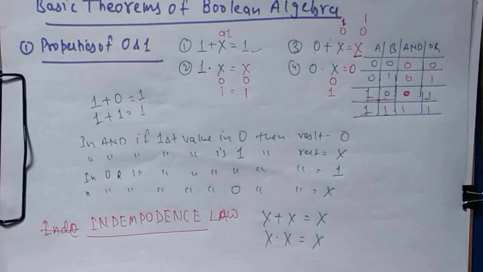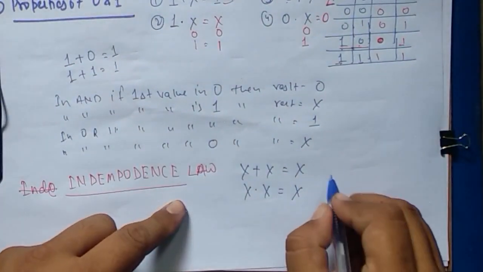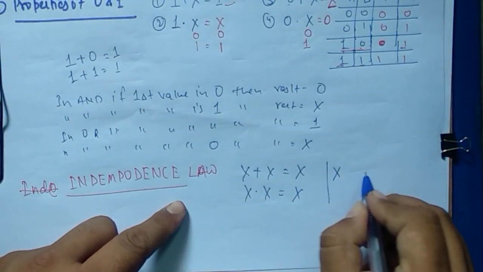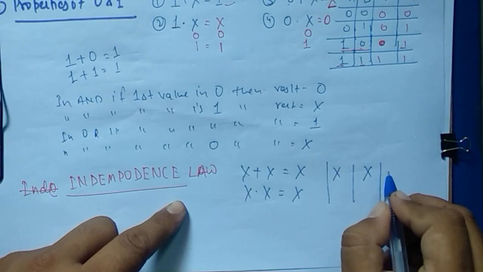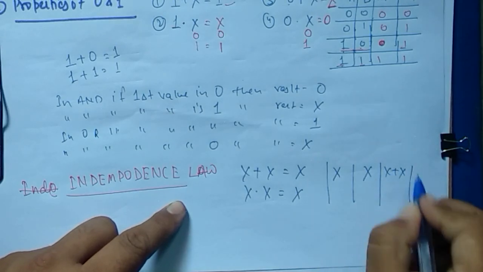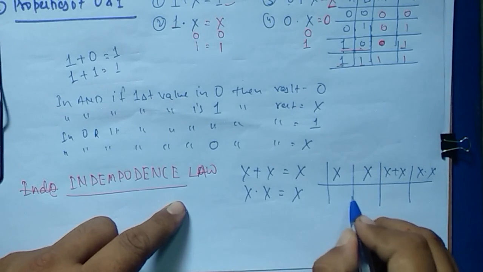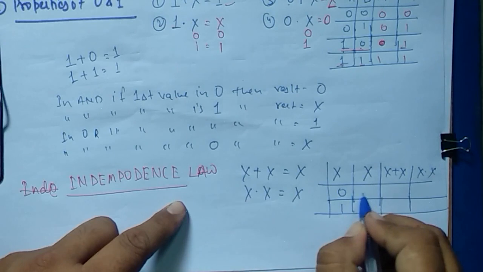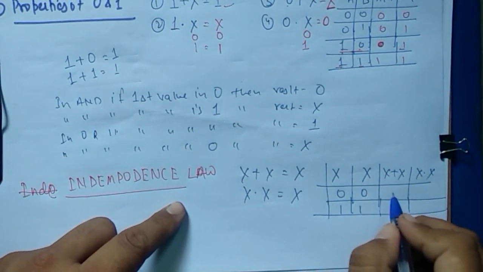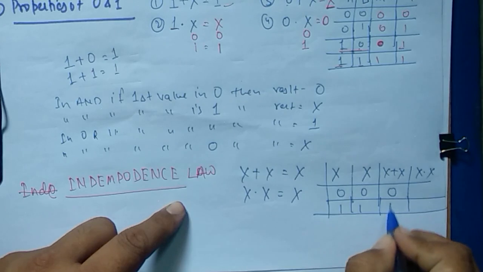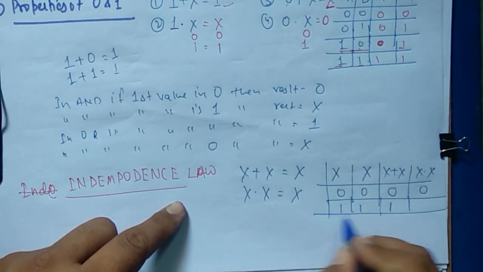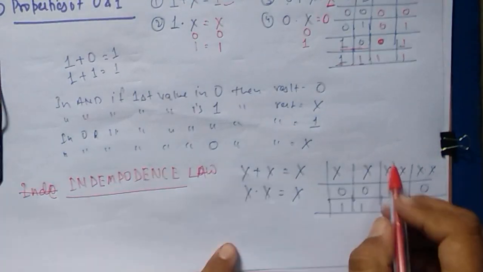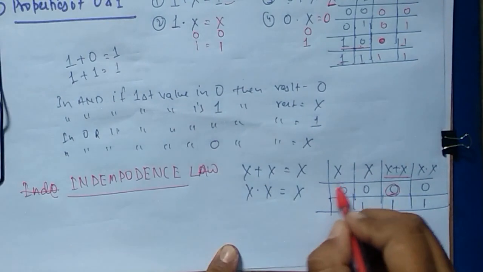So here I can prove it with the help of a truth table. This is the first input x, this is the second input x, this is x plus x, and this is x dot x. Now here you can see 0 and 1. This is also x, 0 and 1. So 0 plus 0 equals 0, and 1 plus 1 equals 1. Here 0 and 0 equals 0, and 1 and 1 equals 1. For x plus x, the result is 0, which is the value of x.